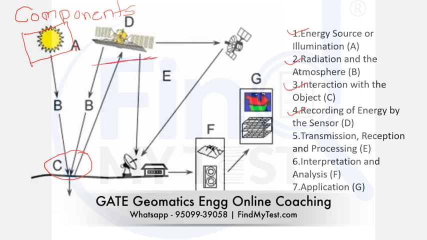And then comes transmission, reception, and processing. And then the image interpretation and analysis, and finally the application. So we learn these one by one. And hopefully when we finish all seven, then our basics of remote sensing will be covered entirely. Okay, so let's move on with energy source and illumination.